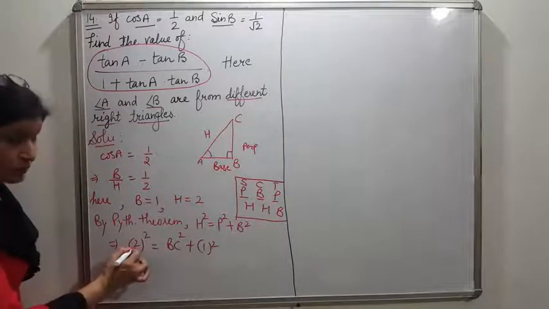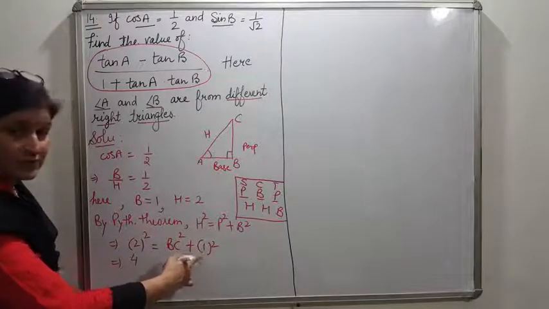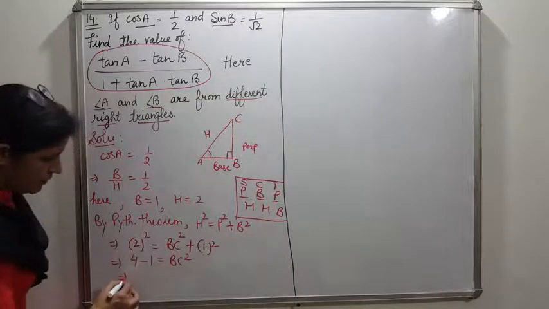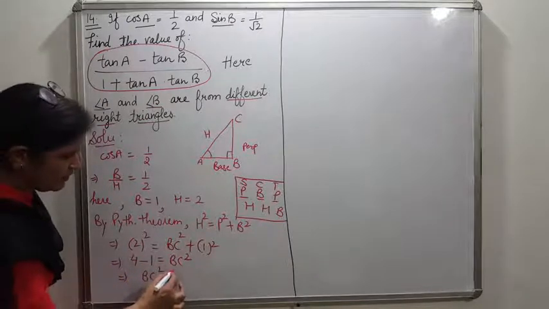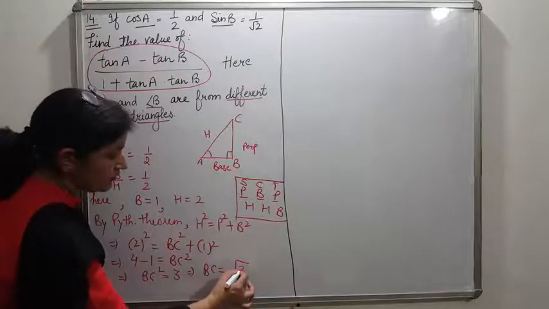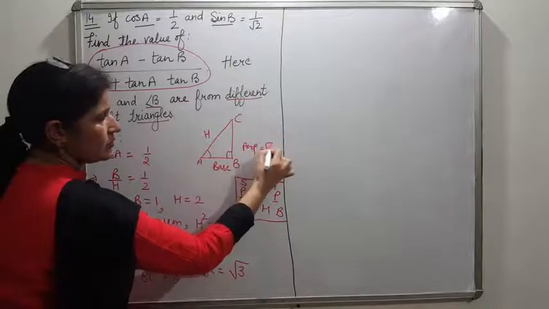Then square of 2 is 4. Square of 1 is 1. It is in plus, so it will come in minus. So BC square is 3 and value of BC is square root of 3. That means this value BC is square root 3.